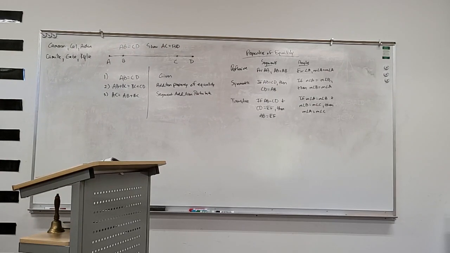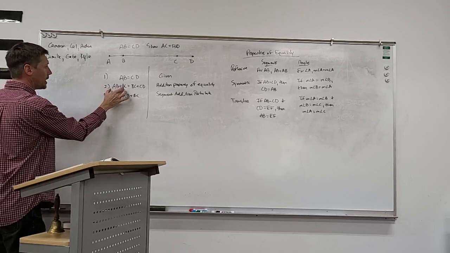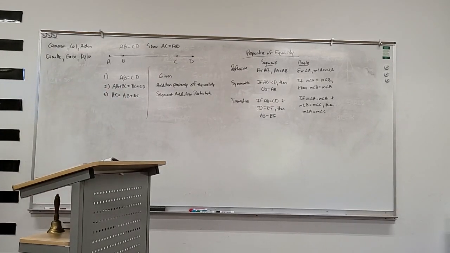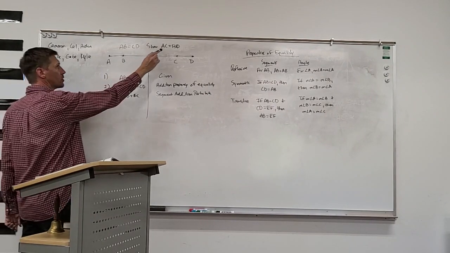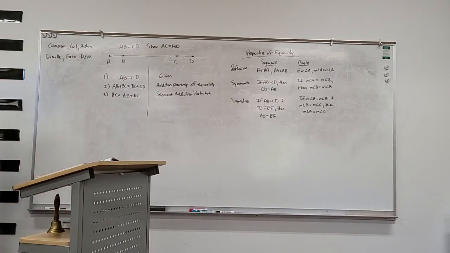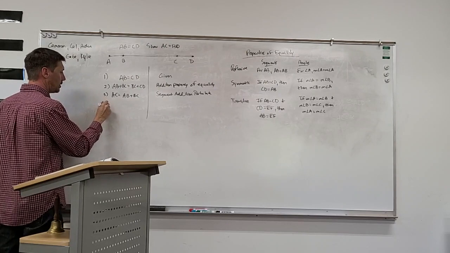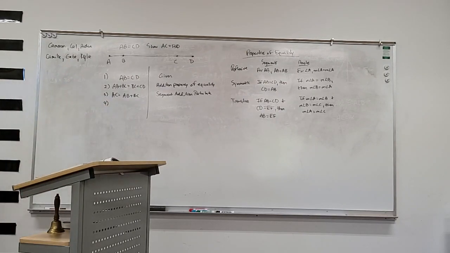Now, in your mind, if you're wondering why we even made that statement, it's because AB plus BC is what we have right here in the second statement we made. And remember, what we're going for is to prove that AC equals BD. So without looking at the book, if this is the direction I went for statement 3, what do you think statement 4 is going to do?